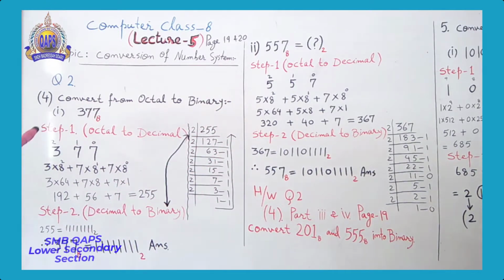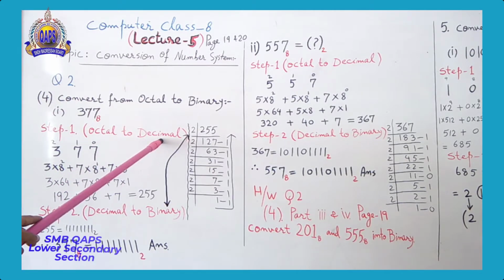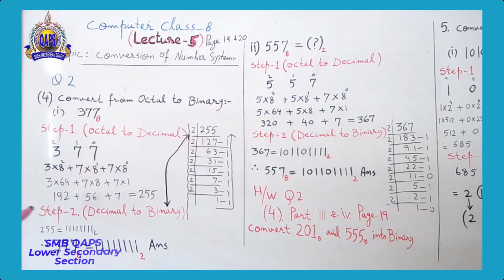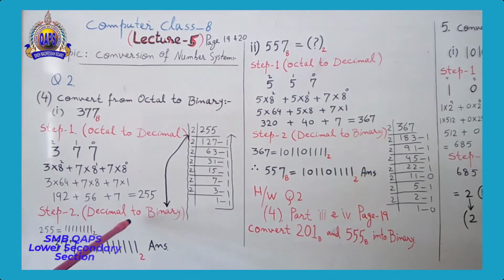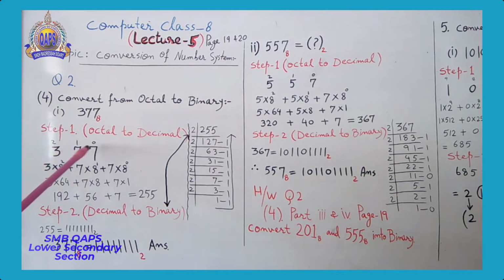Step number 1, octal to decimal. Step number 2, decimal to binary. So I am starting step number 1. Write octal number 377.